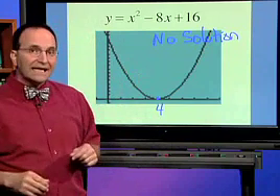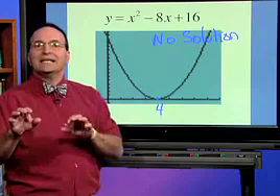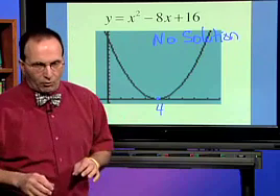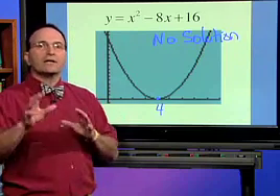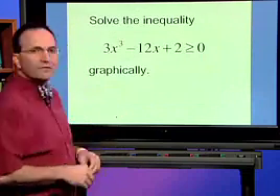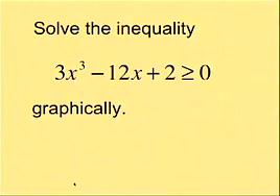Well, we can actually take this idea and extend it to solving graphs which are of the higher order. That is to say, greater than quadratic. So let's take a look at that. Let's solve the inequality 3x cubed minus 12x plus 2 is greater than or equal to 0 graphically.